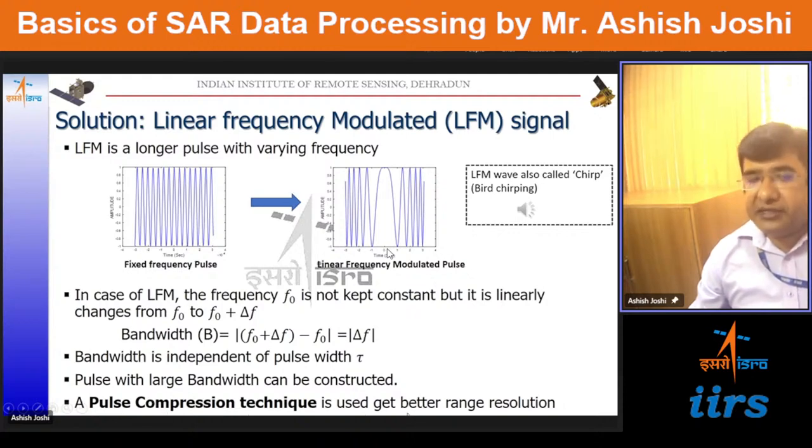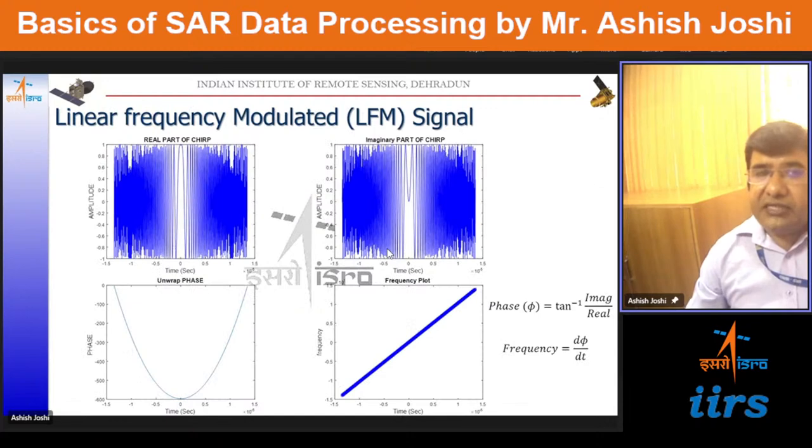And you can see the bandwidth is given by delta f, and it is independent of tau. So we can construct a large bandwidth for getting better resolution.